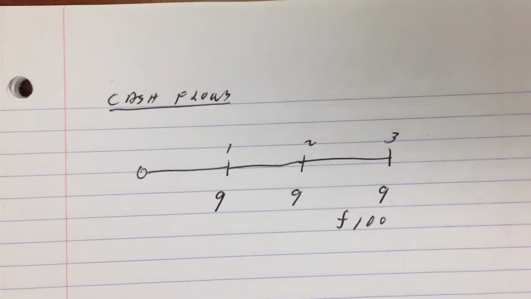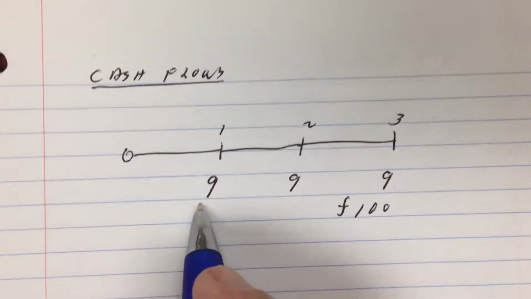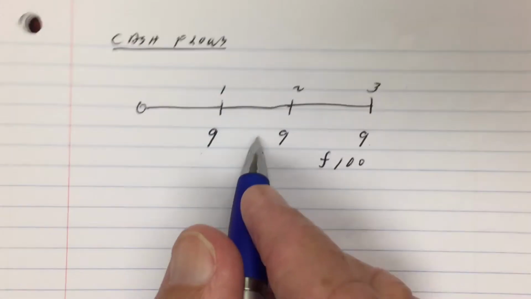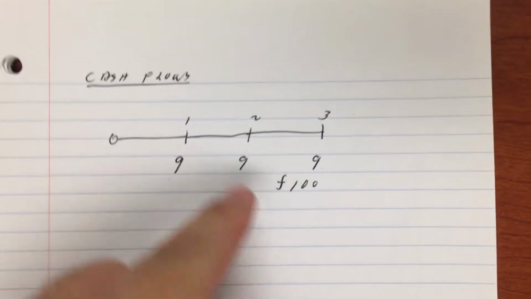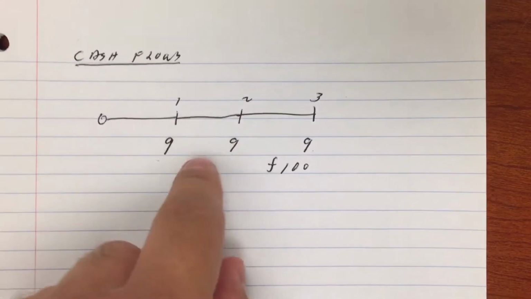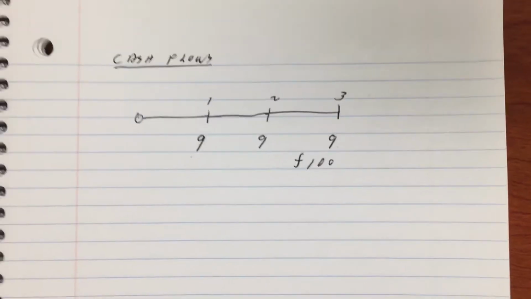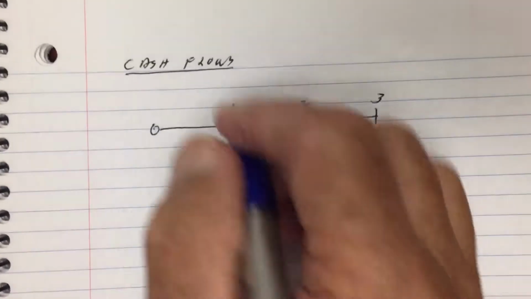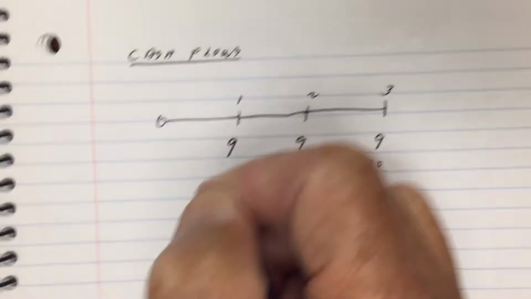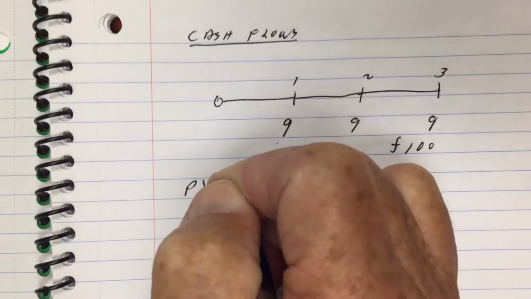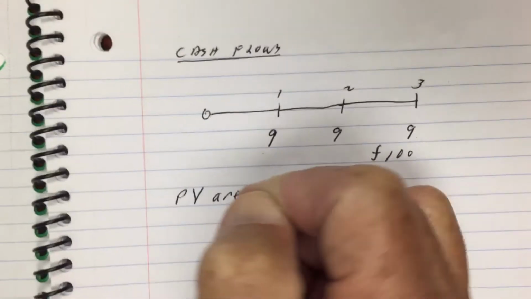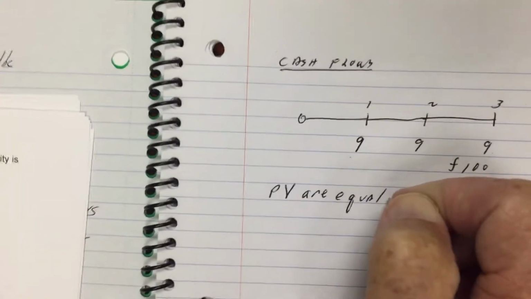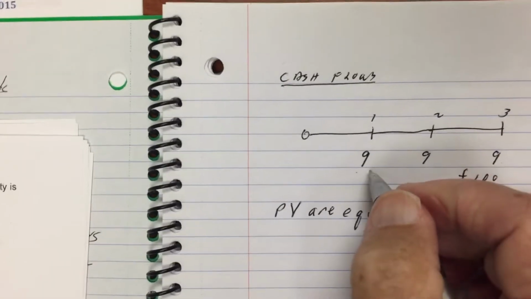So what we're going to do then is compute the present value of each one of these. 11% is the rate we're going to use, and you divide by 1.11.